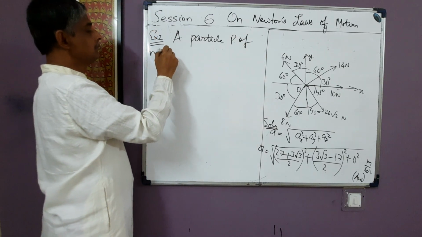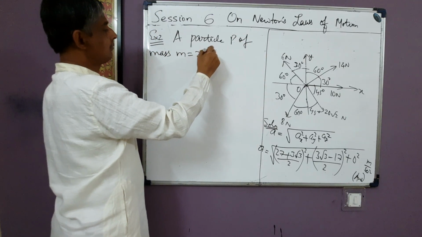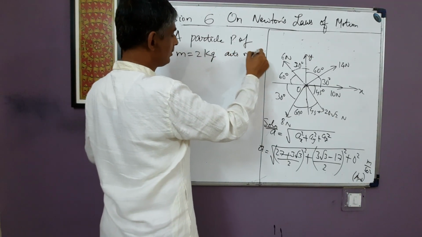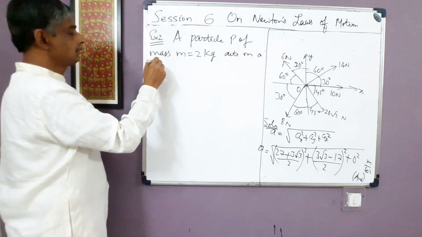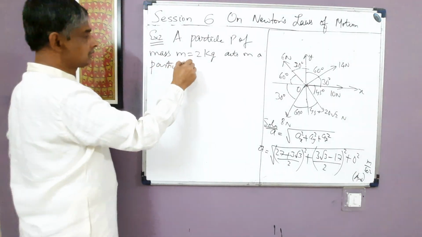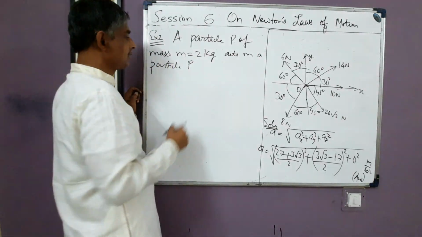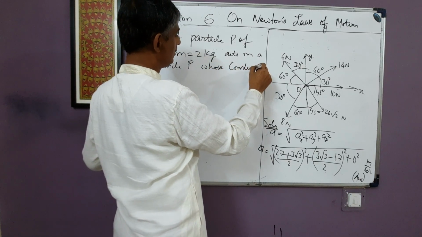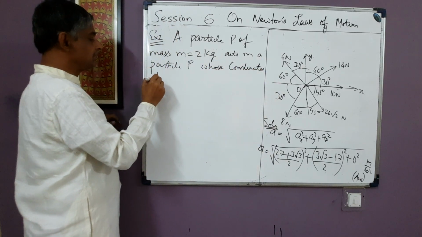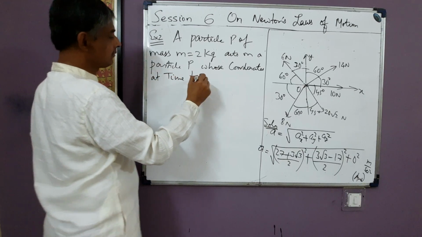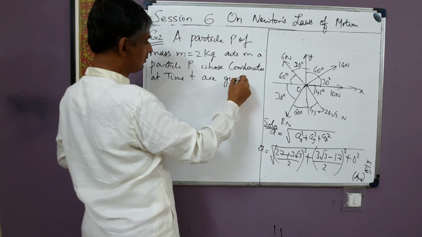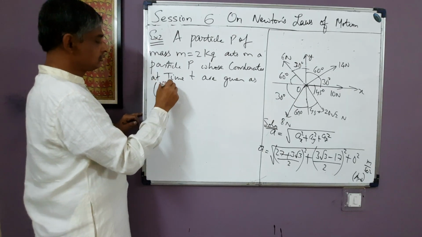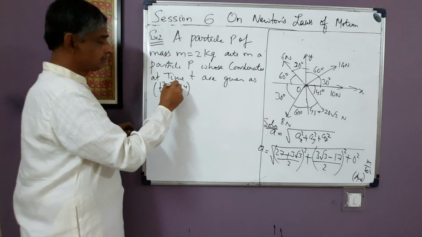A force acts on a particle P of mass m, 2 kg, whose coordinates at time t are given as t, t cube, t square and t power 4.